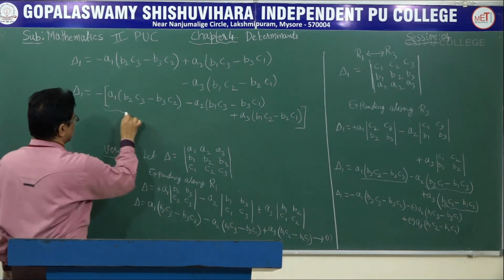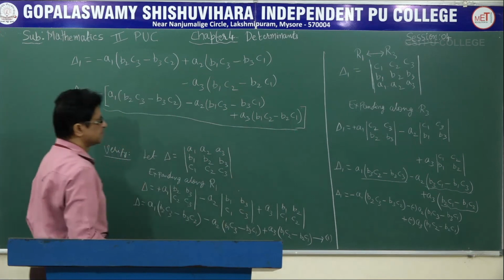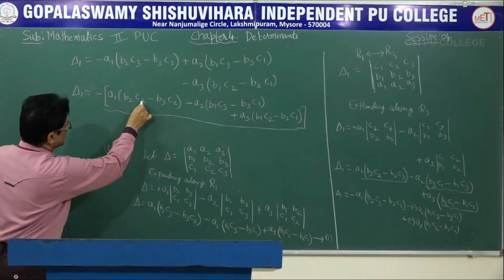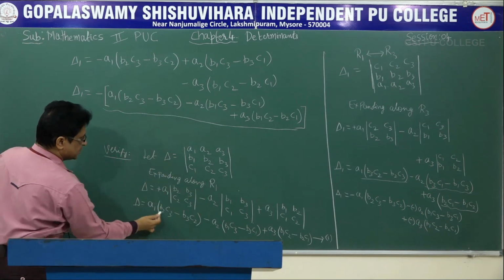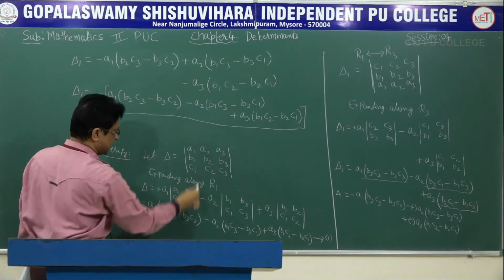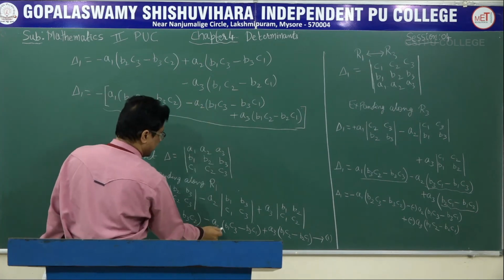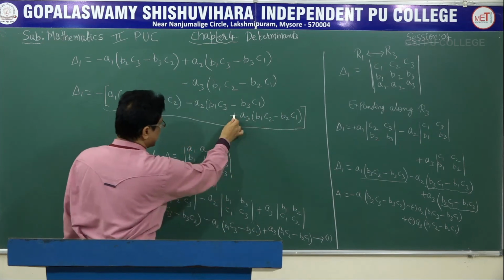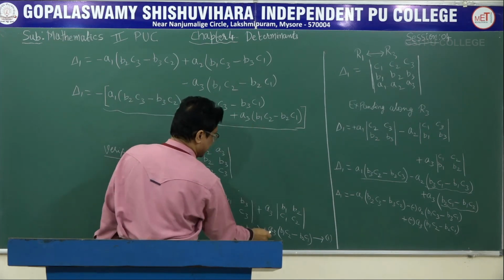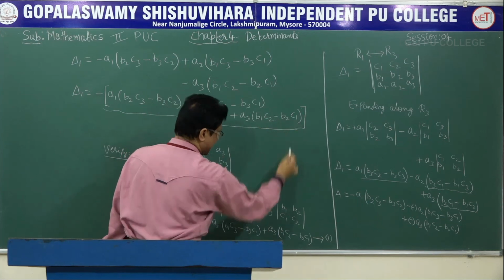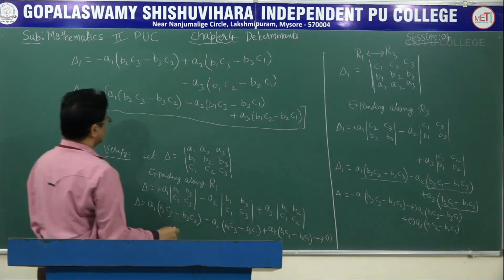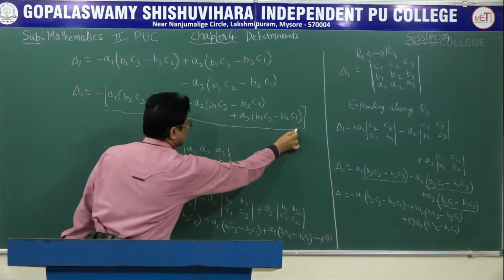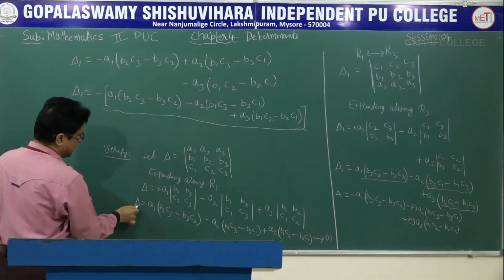So if you observe these terms, A1 into B2 C3 minus B3 C2, minus A2 into B1 C3 minus B3 C1, plus A3 into B1 C2 minus B2 C1, the underlined factor is nothing but delta.